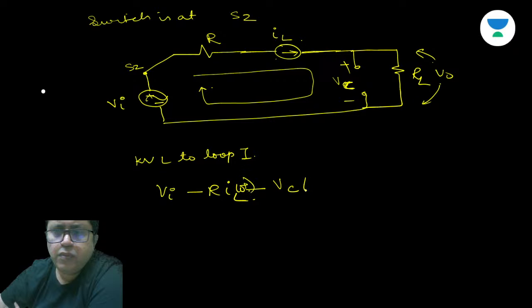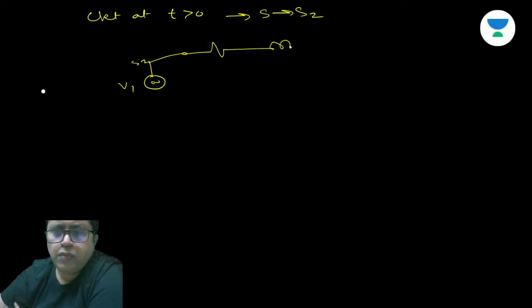Let us say the circuit at t greater than 0, that means the switch is at S2. Vi, this is S2, R, L, C, RL.